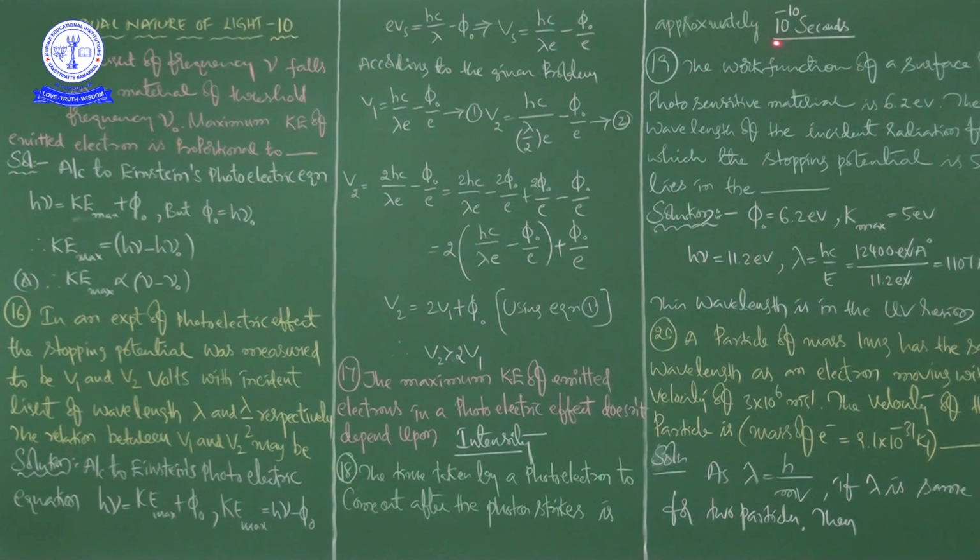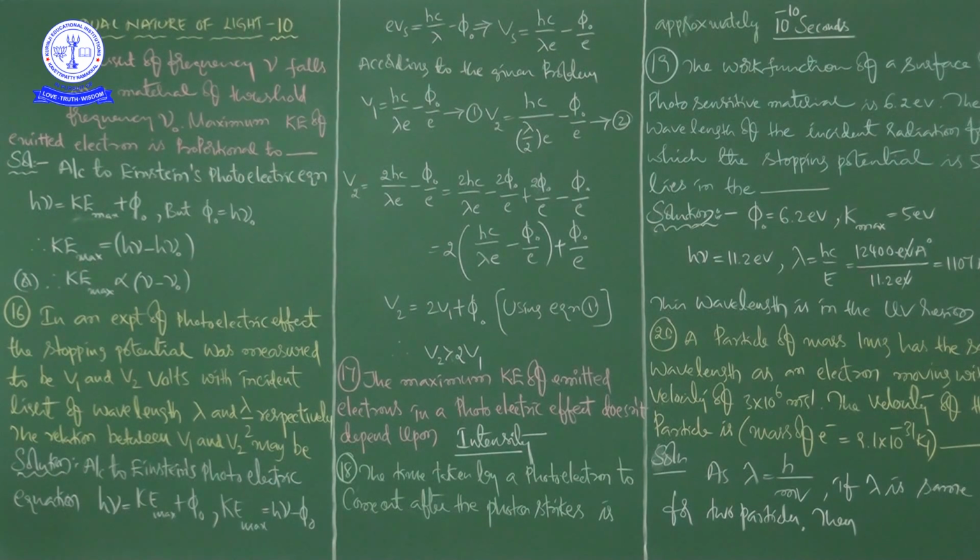Okay, right. And here the question is the time taken by a photoelectron to come out after the photon strikes is approximately, right? There is a metallic surface, light is going to be incident which is in the form of photons. Here he is asking the time taken by the photoelectron to come out after the photon strikes a metallic surface. When there is no striking, it means no photoelectric effect.